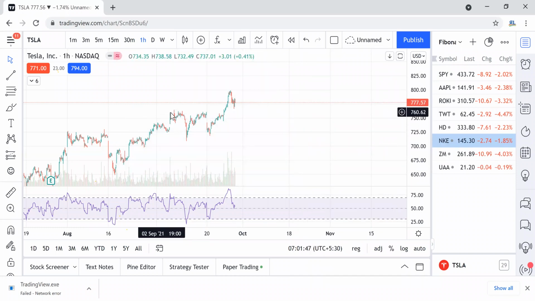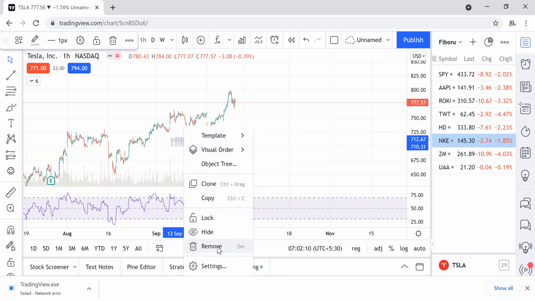Now, an extension is this bear run has happened. This drop has happened. And now Tesla's making higher highs and higher lows. So now we're saying, how high can you go? So then we're going to draw fibs on the hourly chart.